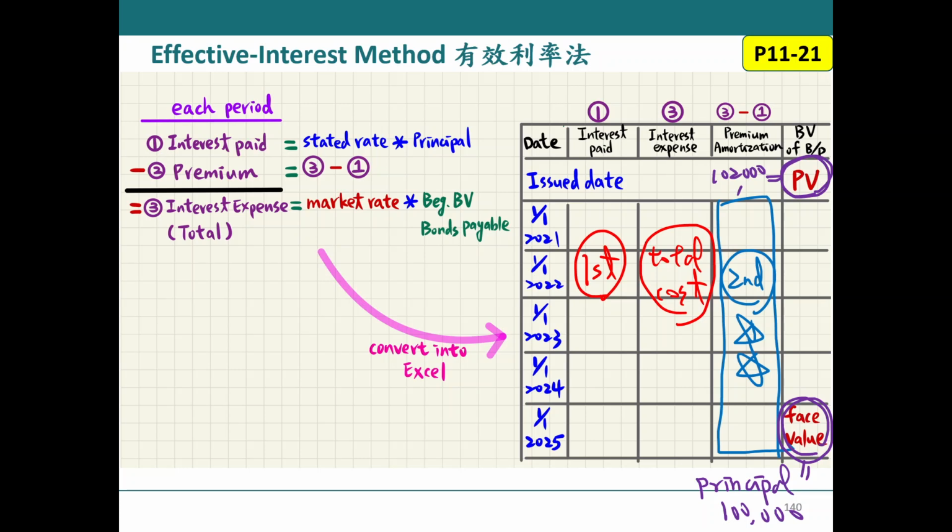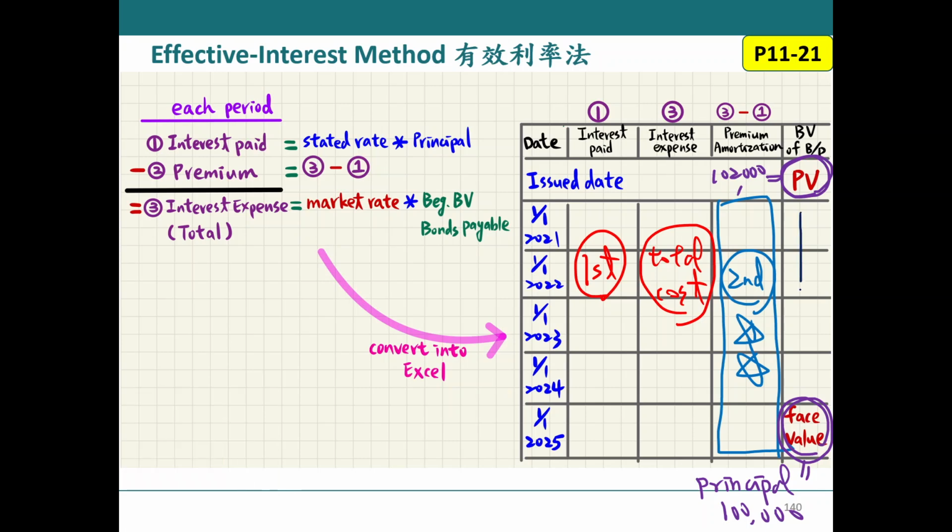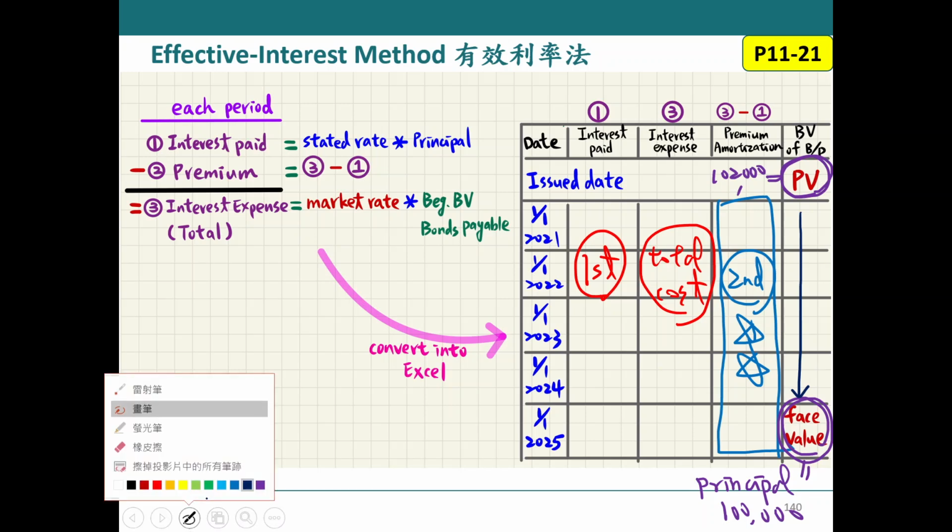Okay, then can you tell me, is your liability increasing or decreasing? Your liability should be decreasing, right? But why? From first day, $102,000 to last day, $100,000 only. So your liability should be decreasing.